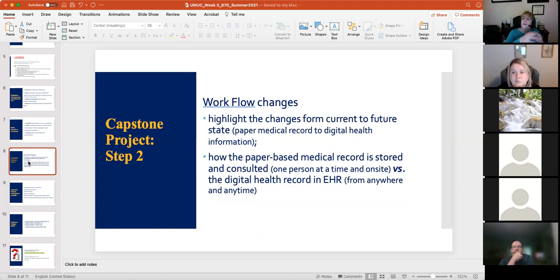In other words, the chart can be in 3 different offices at the same time, not so with a paper chart, which can only be on one desk at a time. That's just one example. Okay.